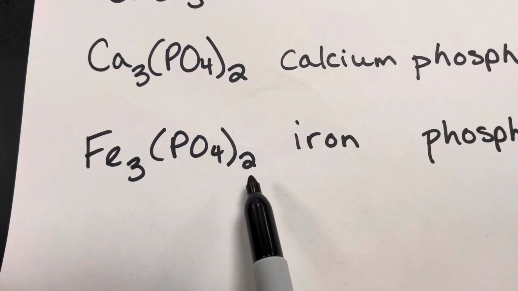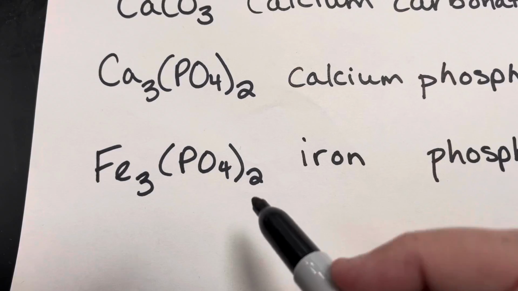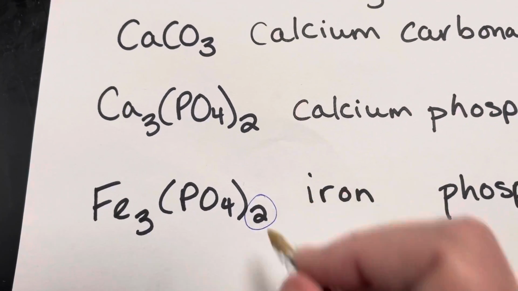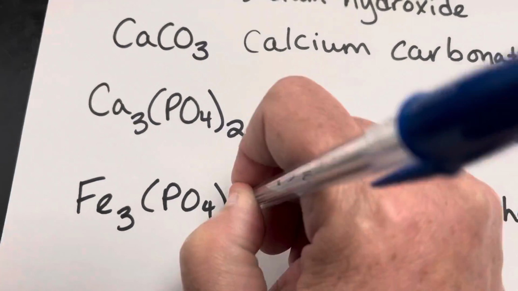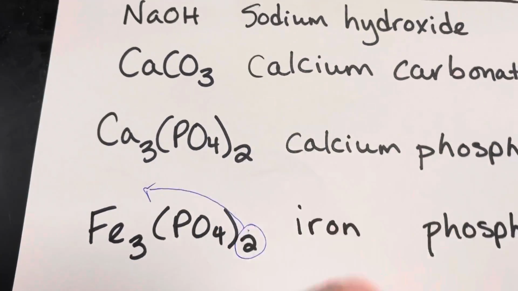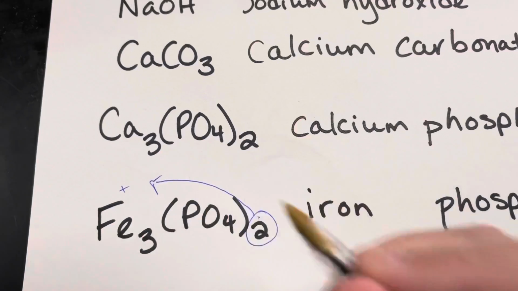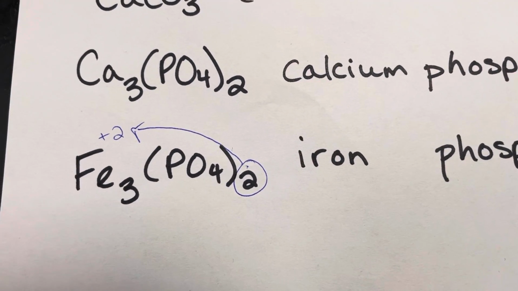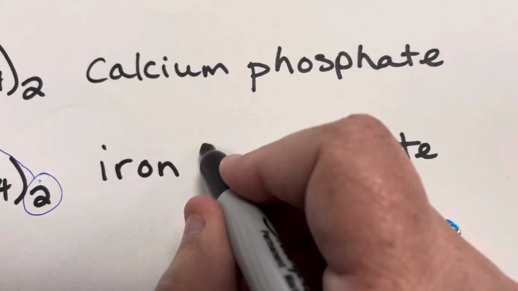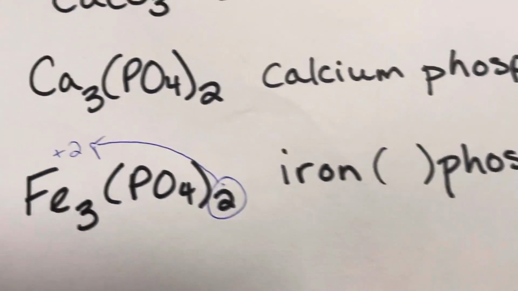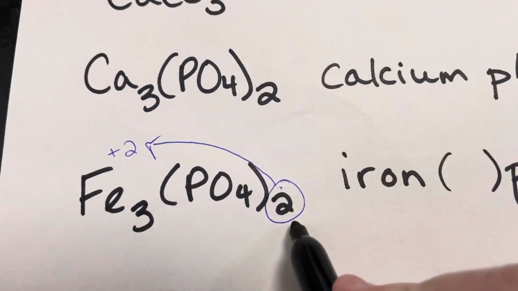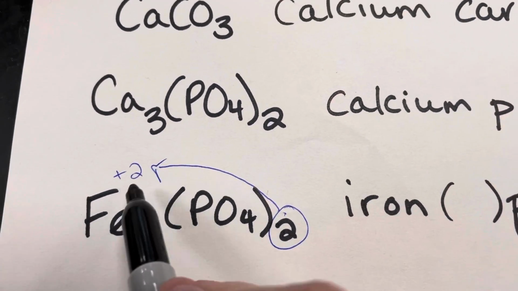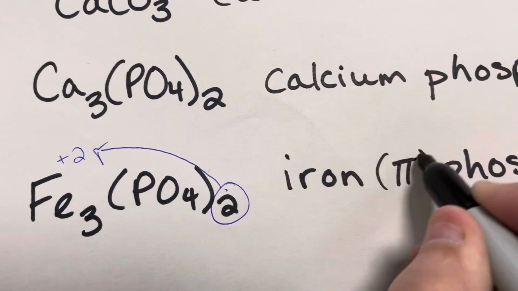Well, just like we learned with the binary ones, this 2 originally belonged to the Fe. So that means that Fe is a +2 ion. So when we go to write the parentheses and the Roman numeral in the middle, that 2 was crossed over and brought down behind the PO4. So we say Roman numeral 2.